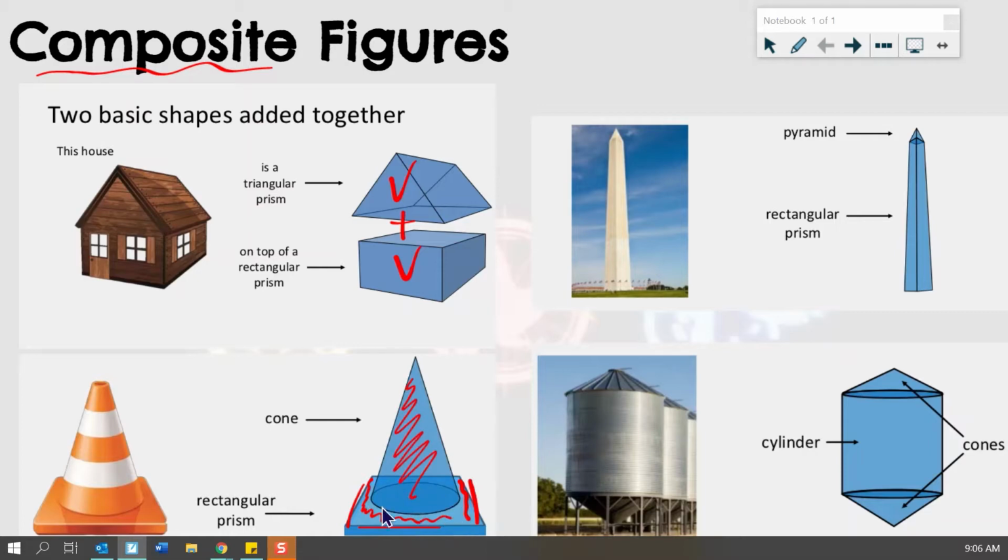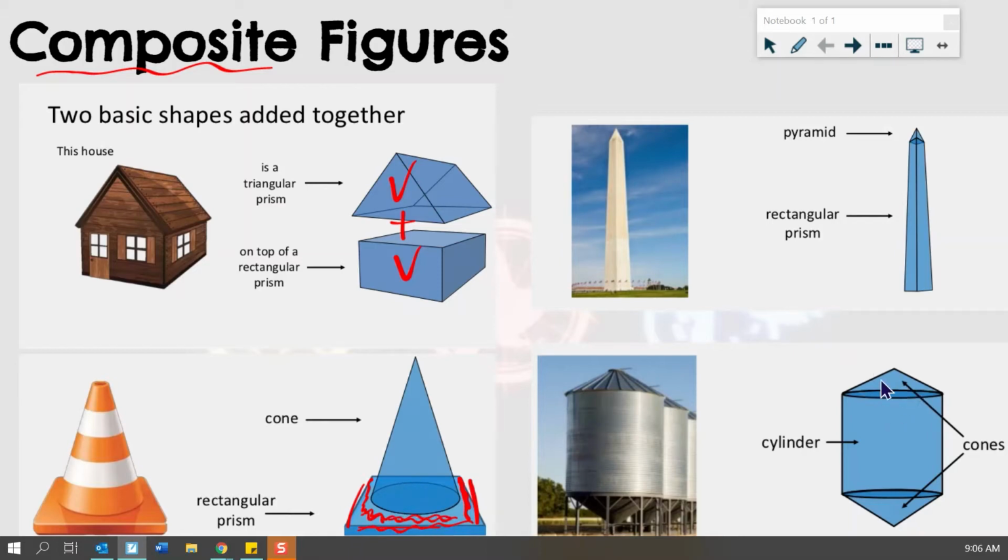You would not include the base of the cone, because that's being covered up, and you would have to subtract out an additional circle. I'm thinking about that circle that's covered up on top of the rectangular prism. You would have to subtract out the area of that circle, because it's not really a part of the surface area, but if you find the surface area of just that rectangular prism, it will be included.